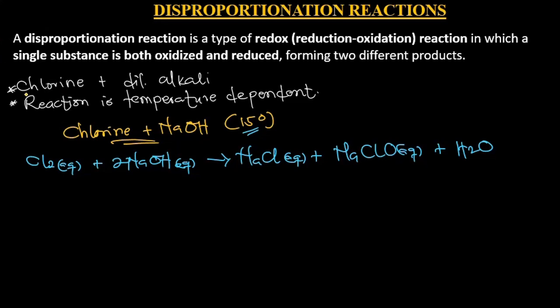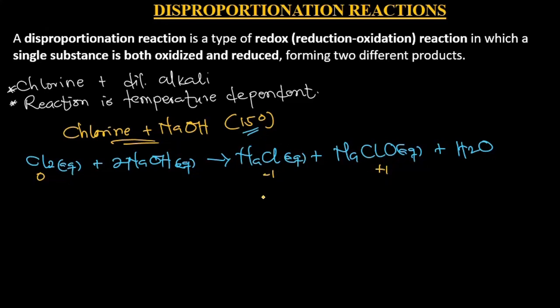Now over here, chlorine has an oxidation state of 0, and over here it is -1. Now over here, the oxidation state of chlorine is +1. So you can work that out. ClO minus, if you work out the oxidation state of chlorine, you are going to get +1.